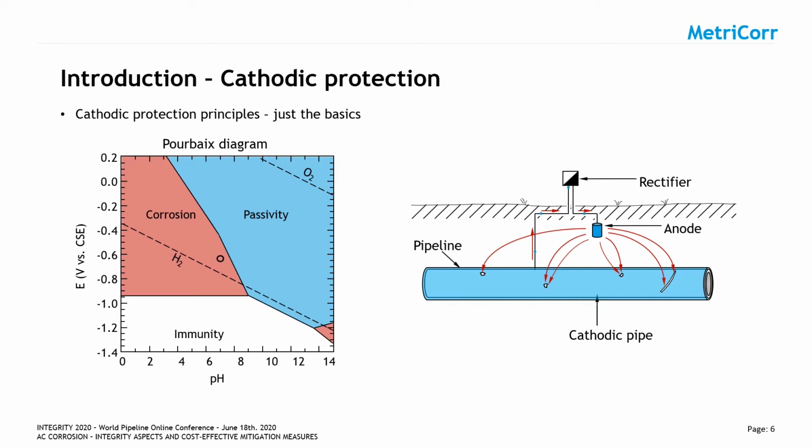When cathodic protection is applied, the potential is lowered, and once the hydrogen evolution line is reached, hydrogen evolution will cause an increase in the pH, and the pipeline steel potential and pH will follow this line into the passivity domain. The transition from corrosion to passivity corresponds exactly to the standard CP criterion of negative 850 millivolts. It's quite simple actually.